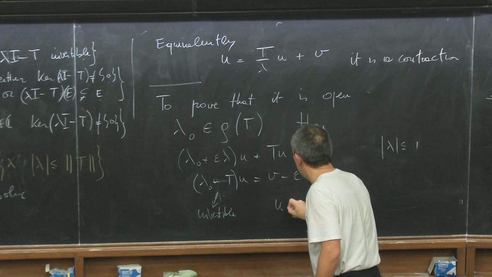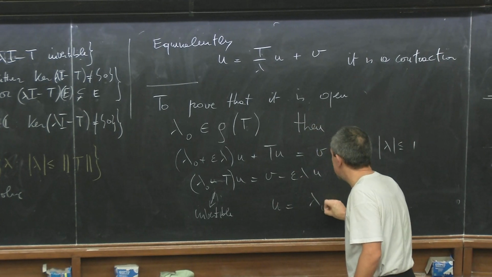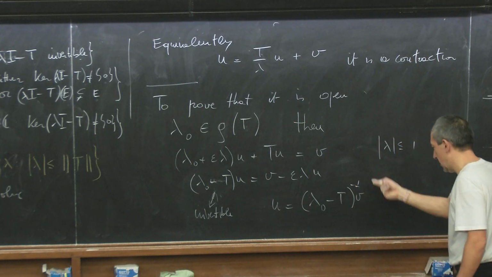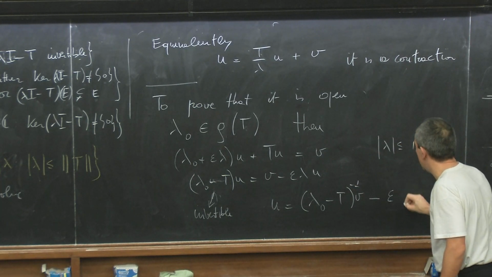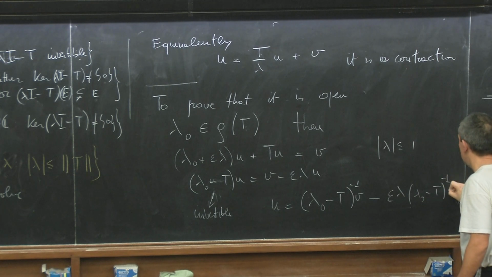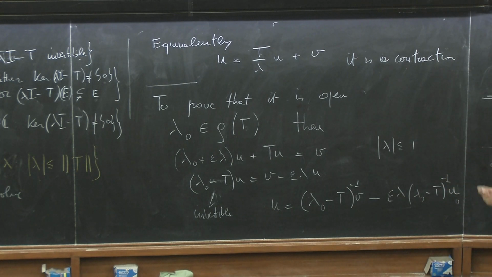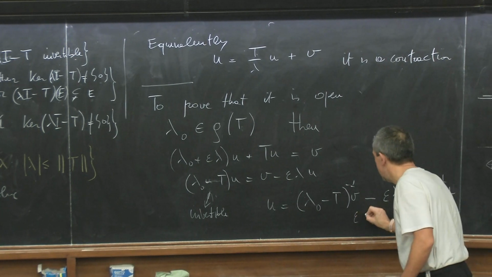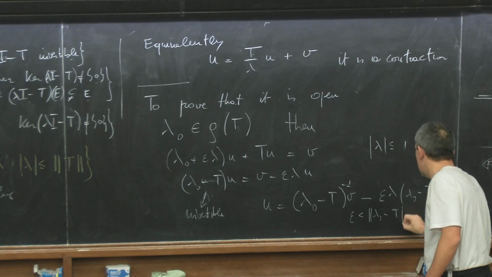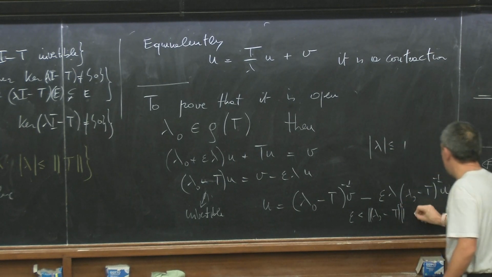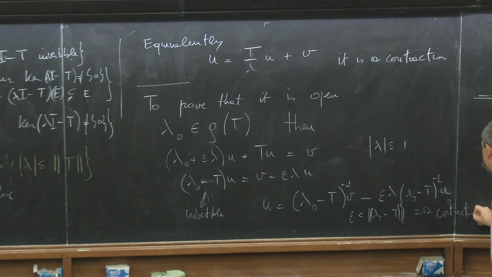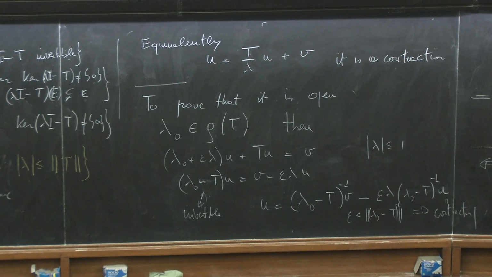Then I obtain that u is equal to lambda 0 minus T to the minus 1 applied to v minus epsilon lambda u, and this is a contraction, since it is less than the norm of T to the minus 1 times epsilon, so it is a contraction.